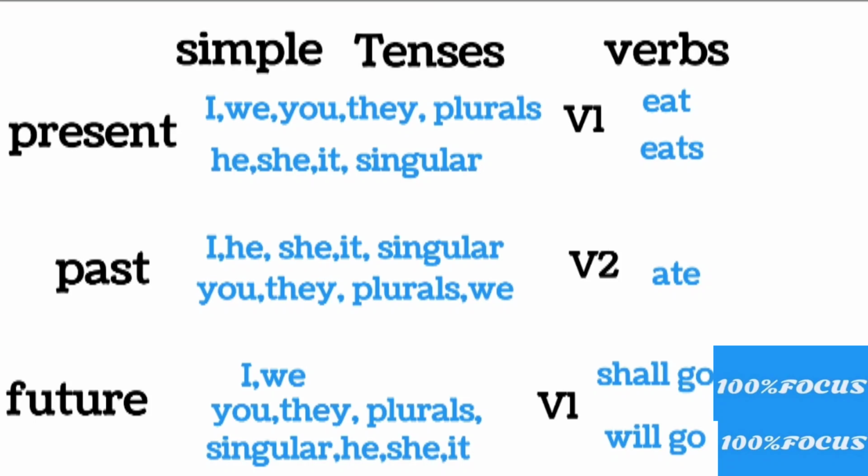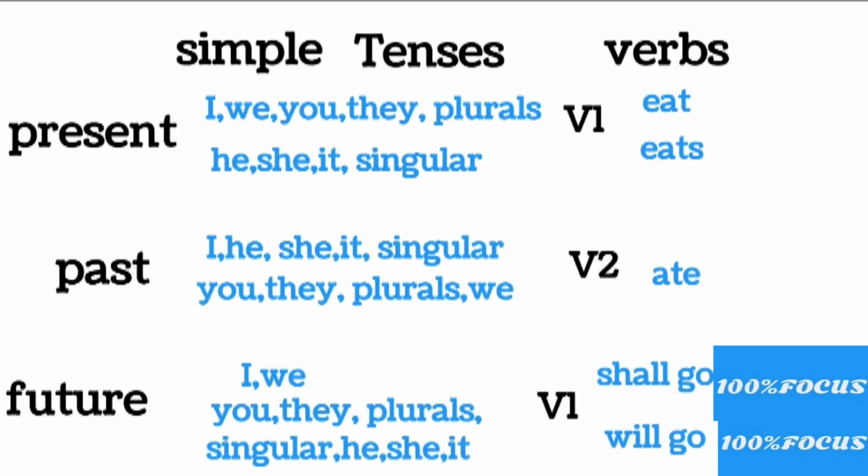And for the subjects he, she, it and singular, we will write it as eats, goes, comes, like that. And for the past simple, the verb is V2. Whatever the subject is, we are going to use V2 form.